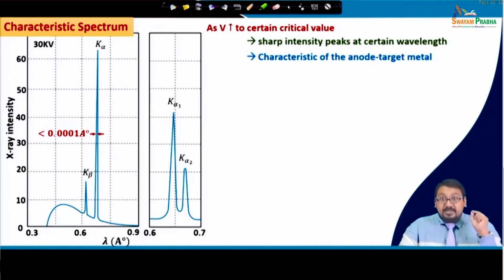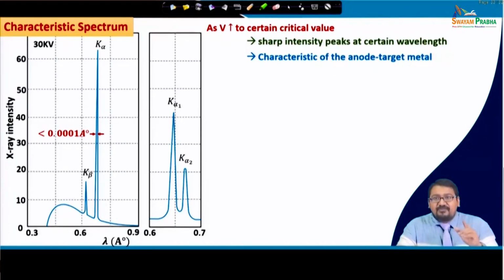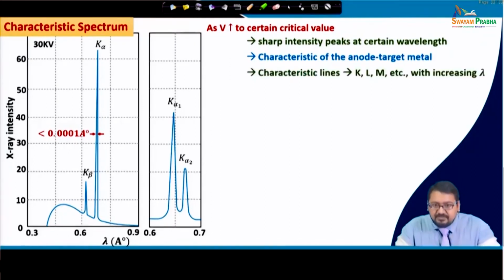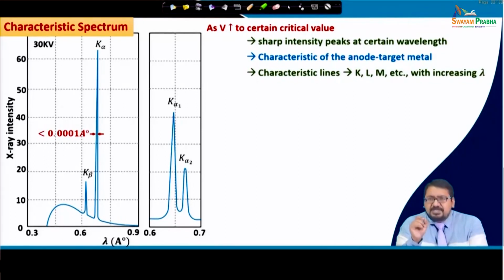So this is the characteristic of that particular anode target in which the electron beam from the cathode is hitting, right. That means some radiations are coming from the K shell, or because of electronic movement from some shell to some other shell, this kind of radiation is taking place.